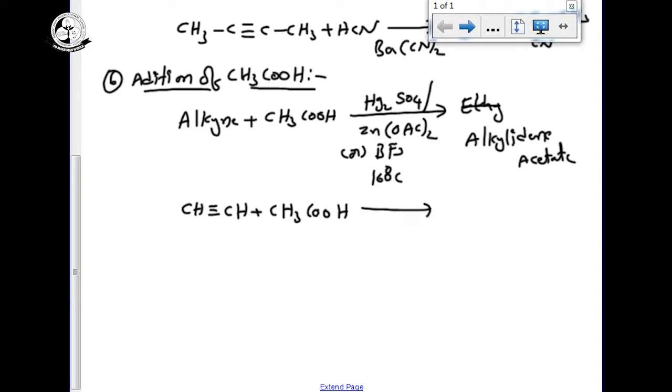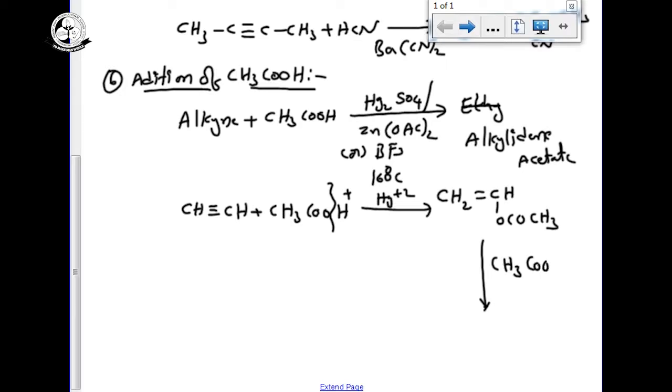In presence of mercuric ion, Hg2+, it's looking like our oxymercuration and demercuration. Plus will be added to any one of the carbons, then we get CH2 double bond CH OCOCH3. Add one more mole of acetic acid, CH3COOH.